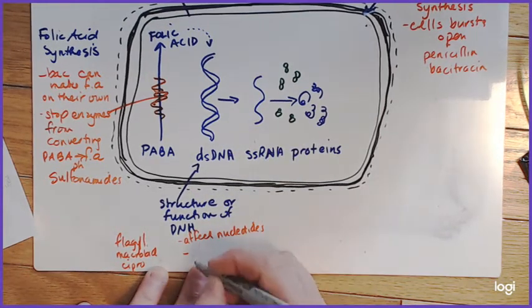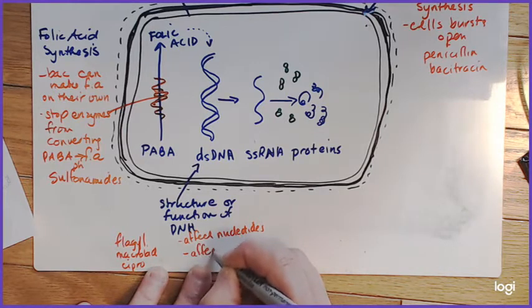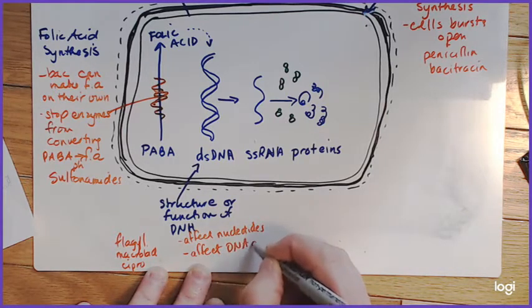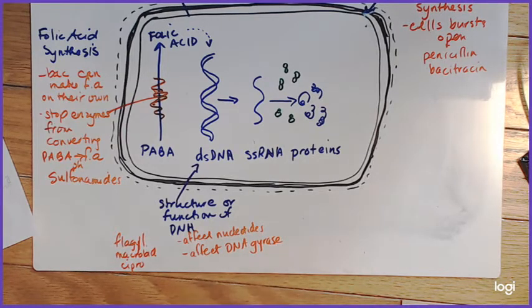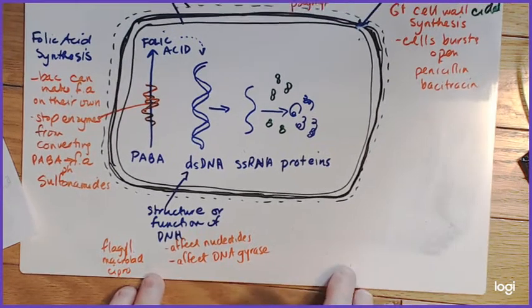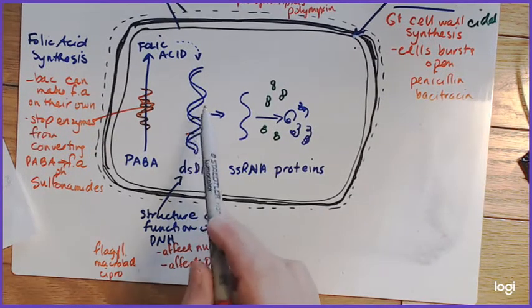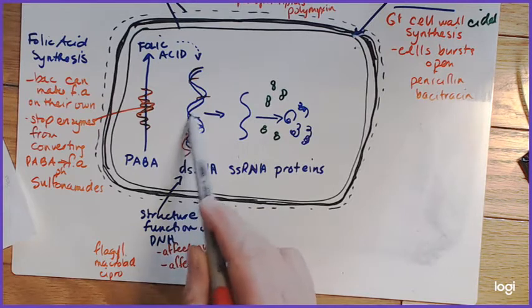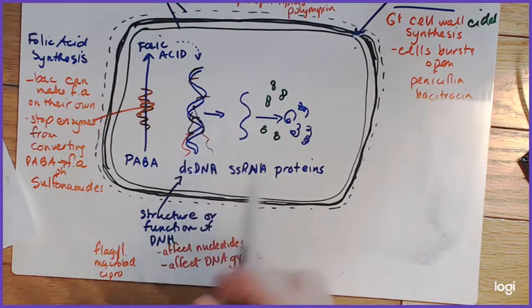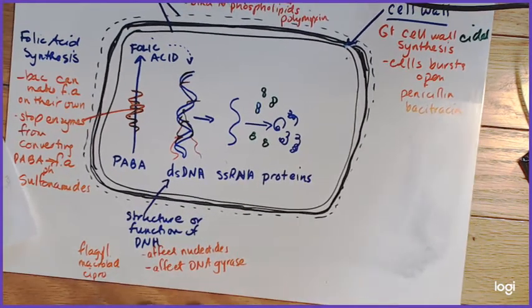So we can also affect the DNA gyrase, which is important to untwist it. So those are the two ways. We can either go in there and just kind of bash up the nucleotides, or we can cause it to become unraveled. It has to stay nice and raveled until it's needed to become unraveled.